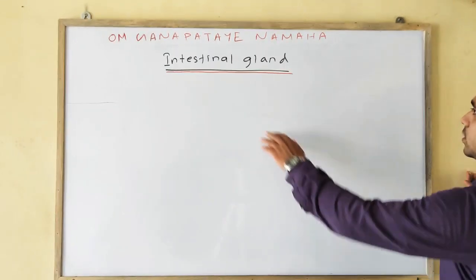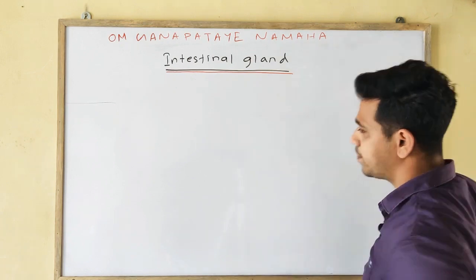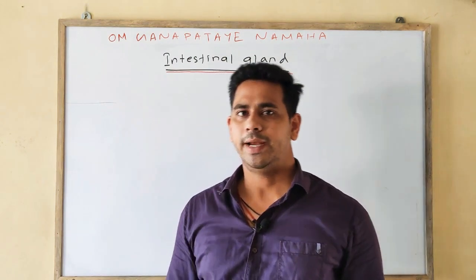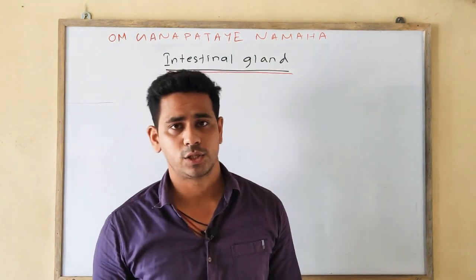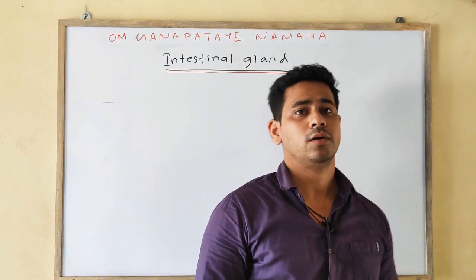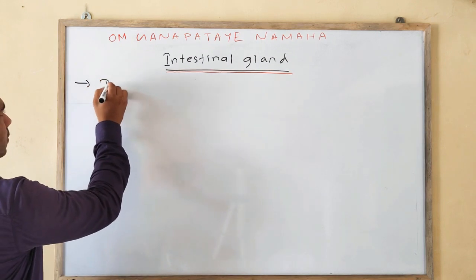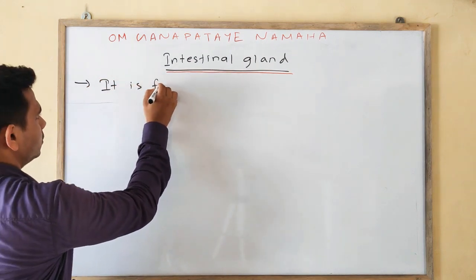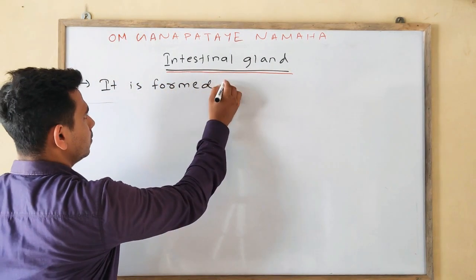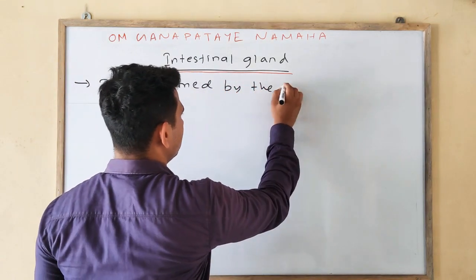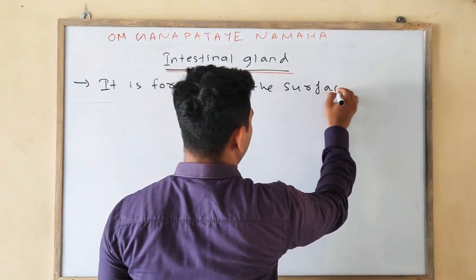Today we will discuss the intestinal gland. First point, it is formed by the surface epithelium in the small intestine region.